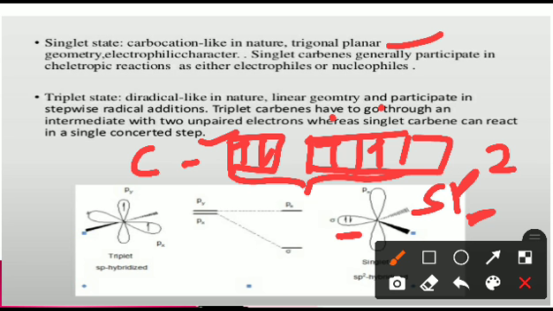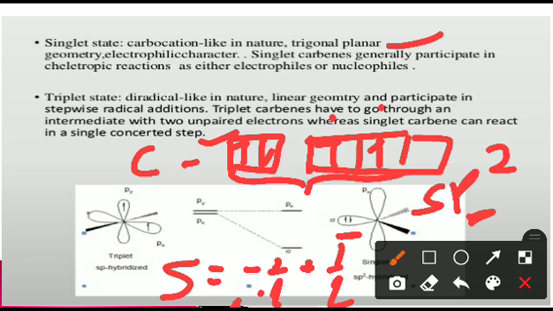In that case these two electrons, the electron pair, are present with opposite spin in one orbital. And that's why the spin is denoted as S, which is equal to plus half minus half, which is equal to 0.